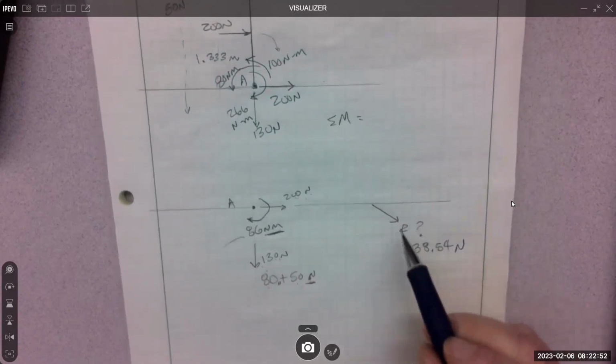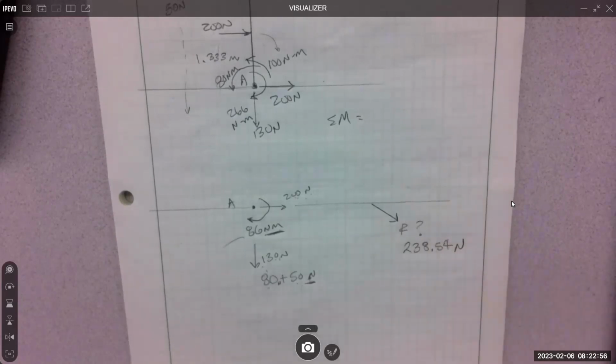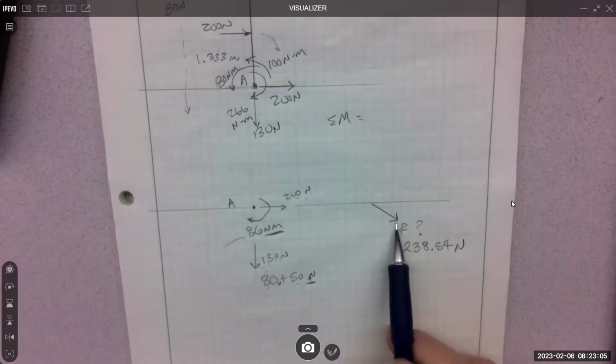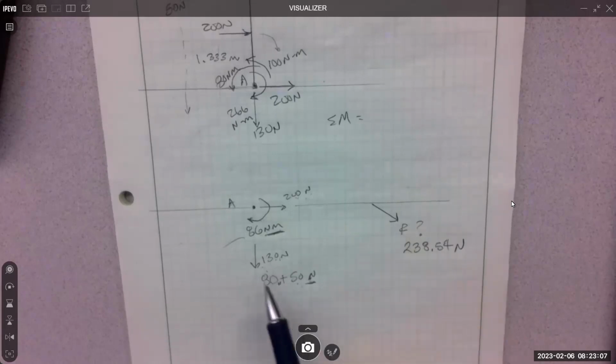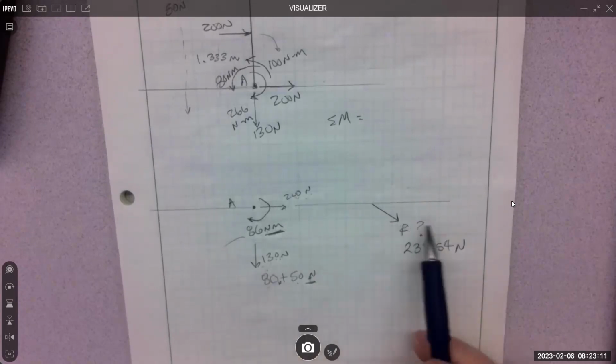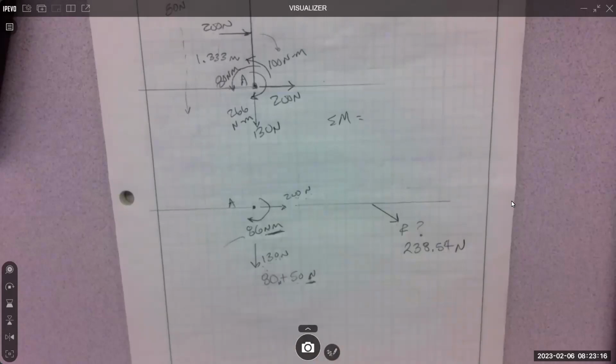And why did I put it down and to the right? What tells me that the resultant goes down? Has down effect. Yeah, that's telling me it has down effect. What tells me that the resultant goes to the right? The 200. Yeah, exactly. That's how I know it goes down and to the right.